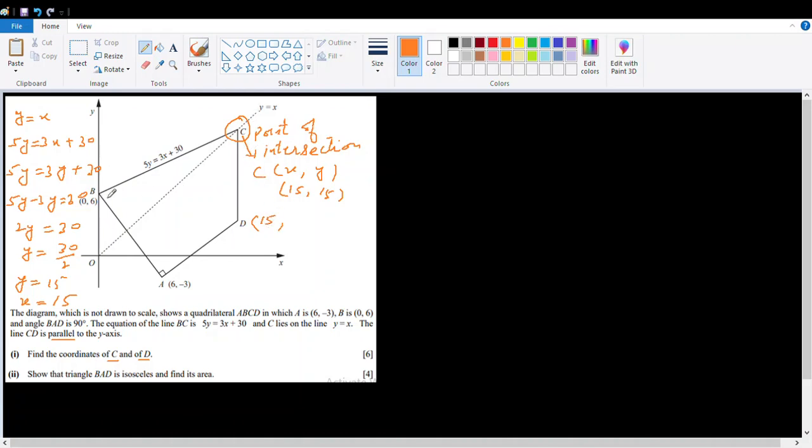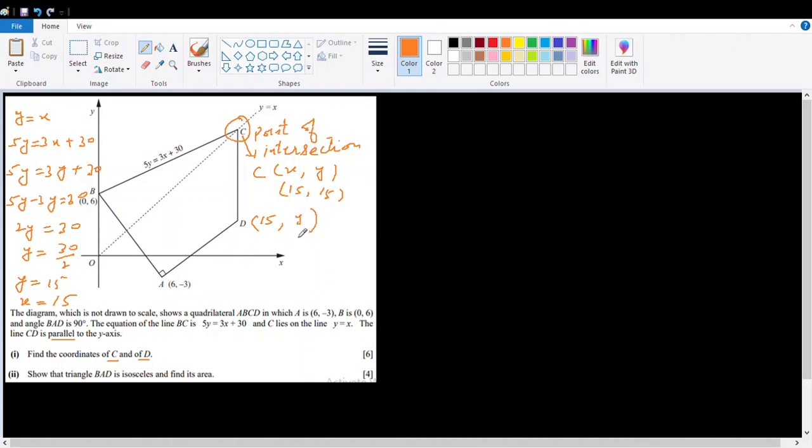You know that if lines are parallel, then their angle doesn't change. So this line will remain straight as it goes from D to C or from C to D. So the x coordinate will not change, and the y coordinate we are supposed to find out.